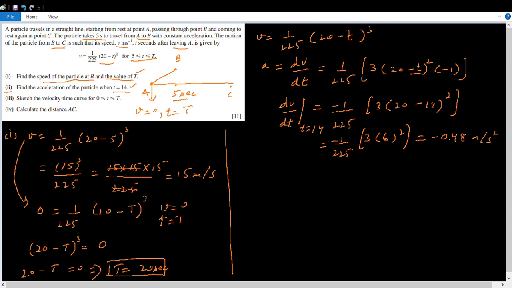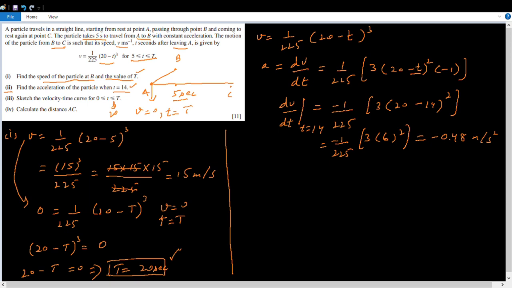The third part is to sketch the velocity-time curve for 0 ≤ t ≤ T. So basically this T is equal to 20, we have found it.